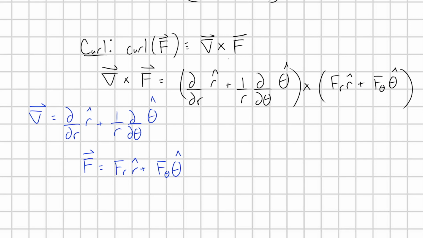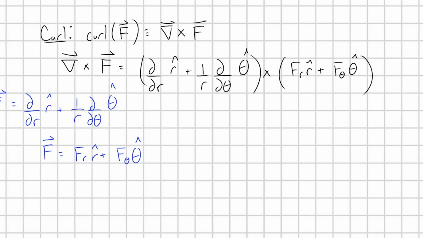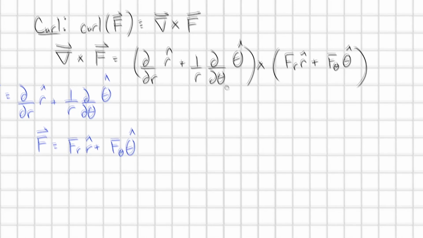And remember, just like I emphasized before when we did this for divergence, you have to take your derivatives first. You have to put the entire expression, because your hat vectors are coordinate dependent. You have to get those derivatives first and then cross at the end. So let's go ahead and do just that.